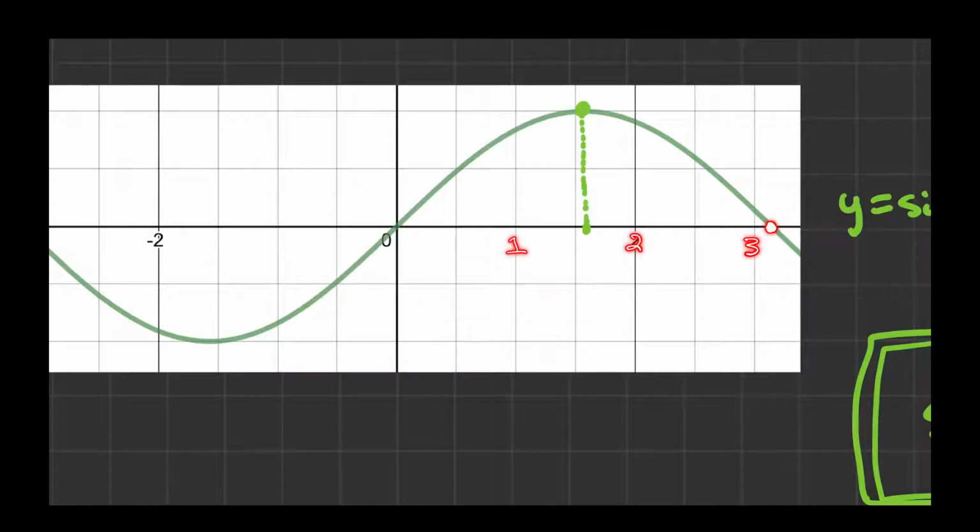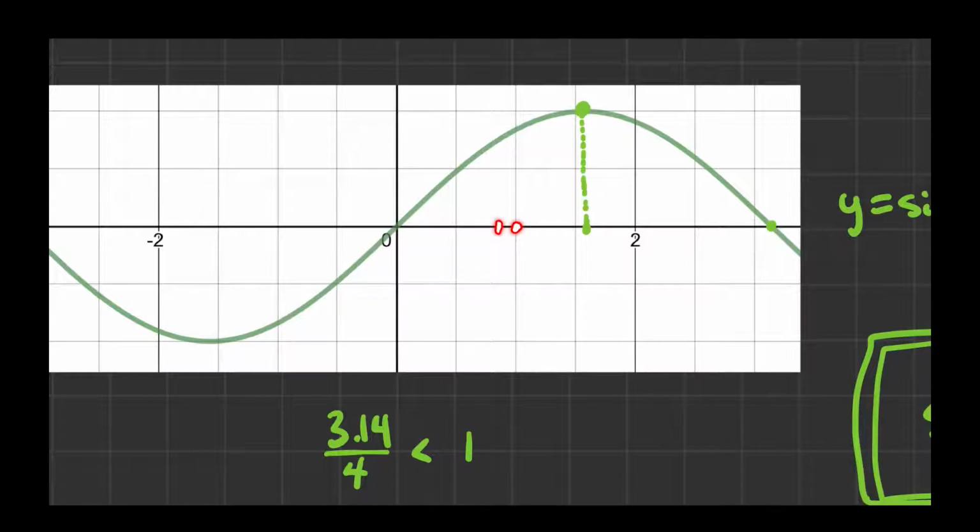Like which value of x would that be? Say that one more time. Pi over 4. Okay, so remember pi is approximately equal to 3.14. So pi over 4 would be a little bit less than 1, right? So that would be less than 1. So 1 is right over here.